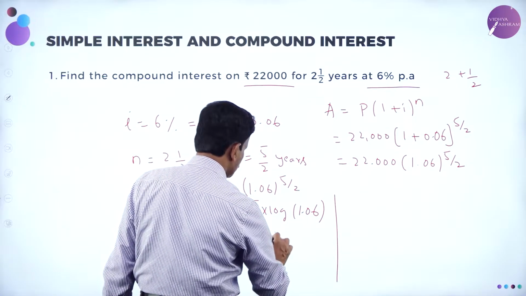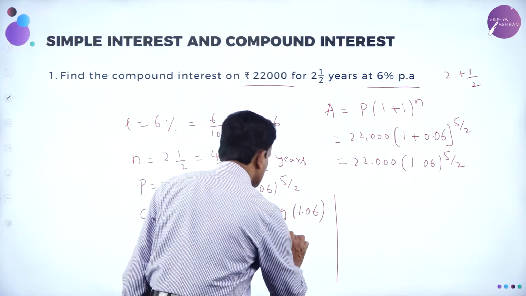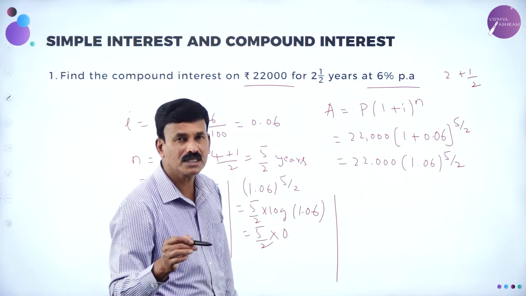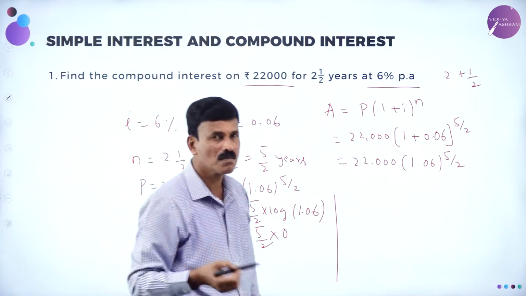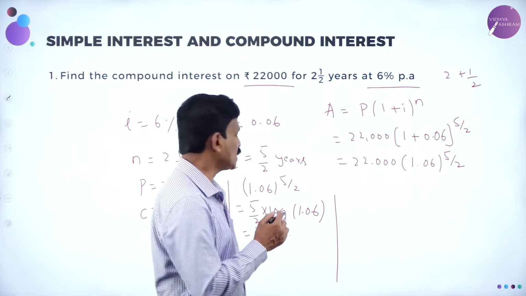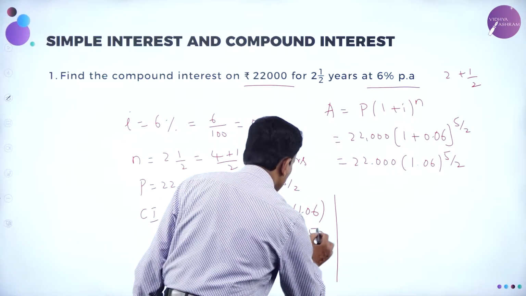This is 5 by 2 into the logarithm of 1.06. The characteristic of 1 is 0. Find out the logarithm of 106. What is it equal to? So logarithm of 106 is 0.0253. Divide by 2.